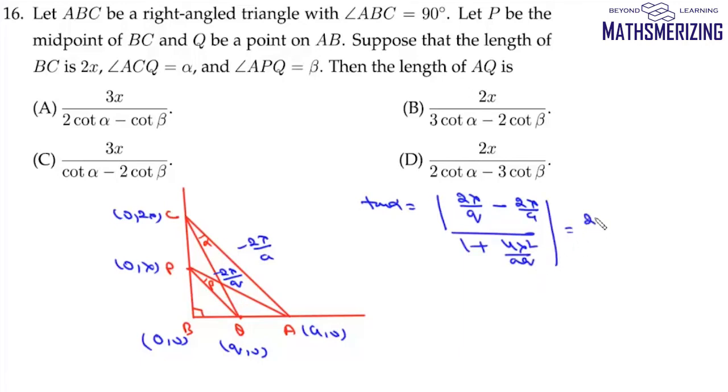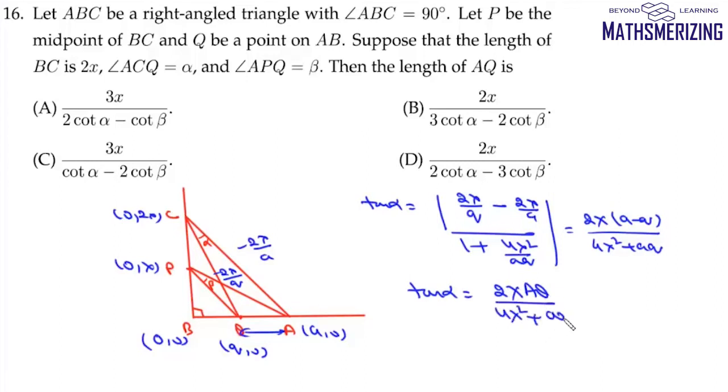So it will be 2x into A minus Q upon 4x square plus AQ. Now this A minus Q is nothing but AQ. So from here we can write tan alpha is 2x into AQ upon 4x square plus AQ, or we can write this as 4x square plus AQ will be equal to 2x into AQ into cot alpha.